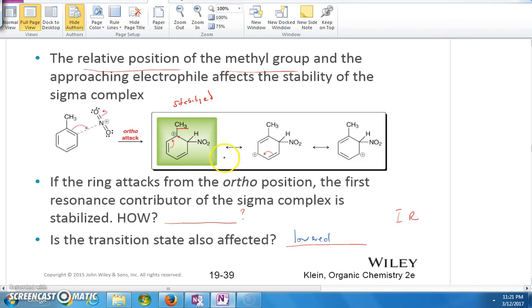Of course, if you draw resonance, you can see that the positive charge is never connected to the carbon that is attached to the electron withdrawing group. It's always on a different carbon. So if the ring attacks from the ortho position, the first resonance contributor of the sigma complex is stabilized. How is it stabilized? It's stabilized by hyperconjugation.